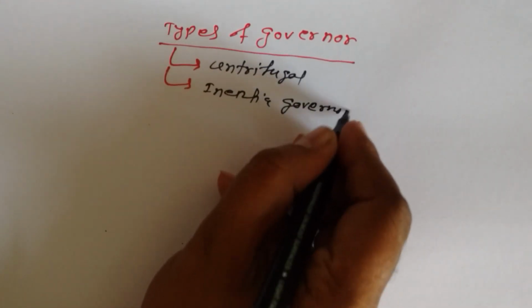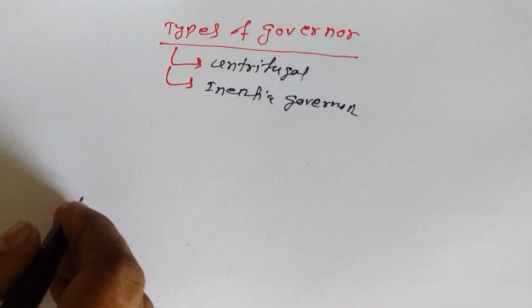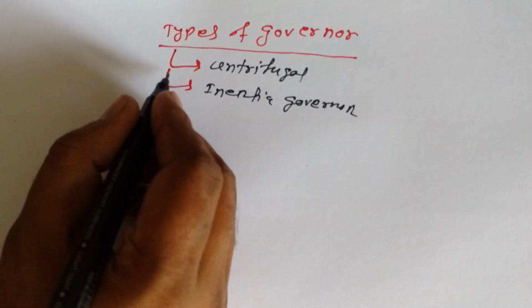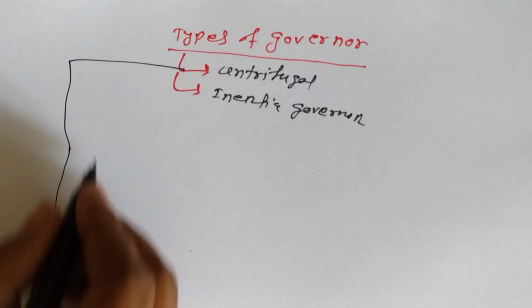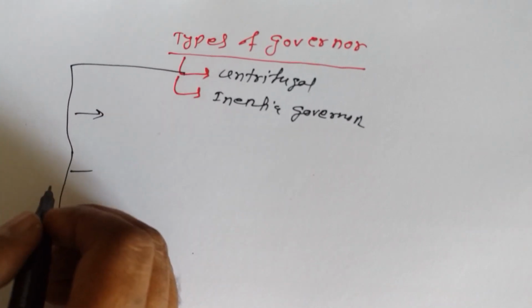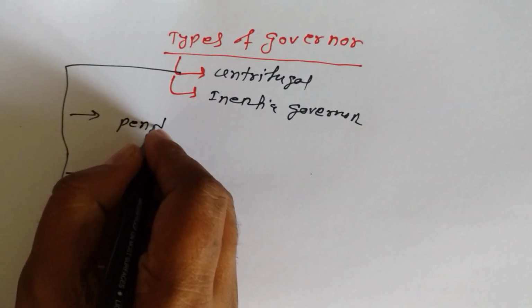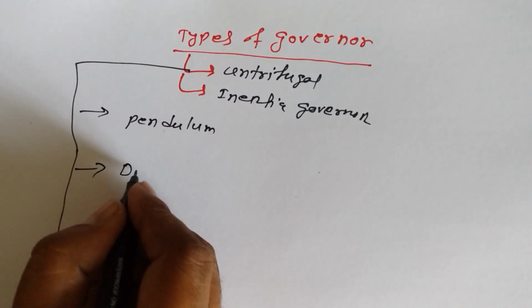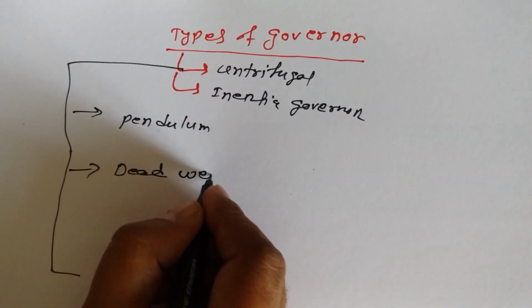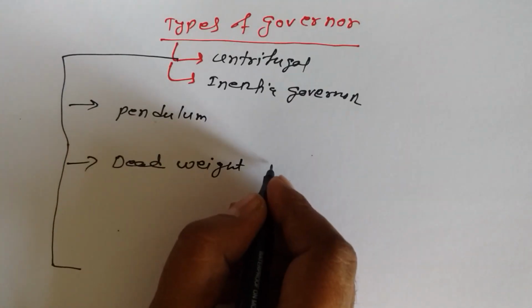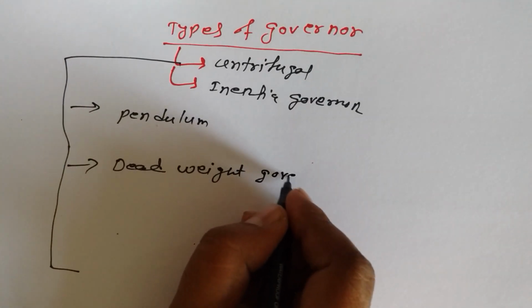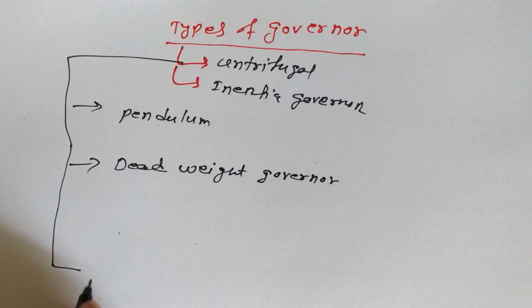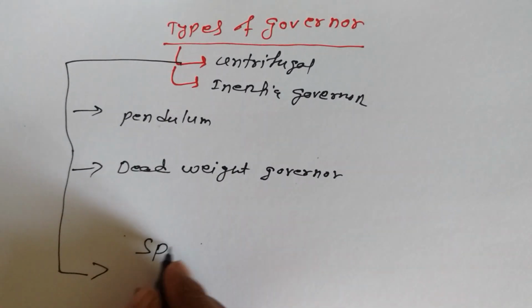Alright, so there are two types of governor, centrifugal governor and inertia governor, but we can further classify this in three groups: pendulum type, dead weight governor, and at the last, spring loaded governor.